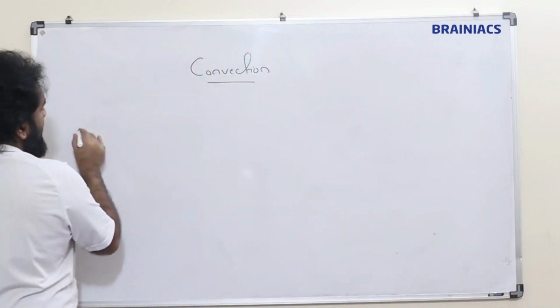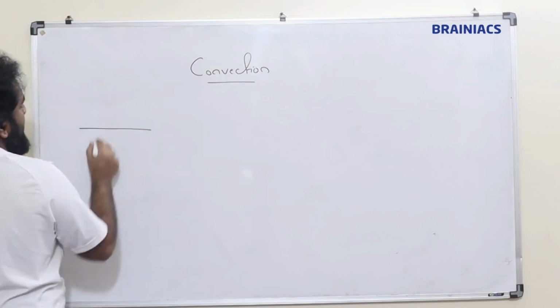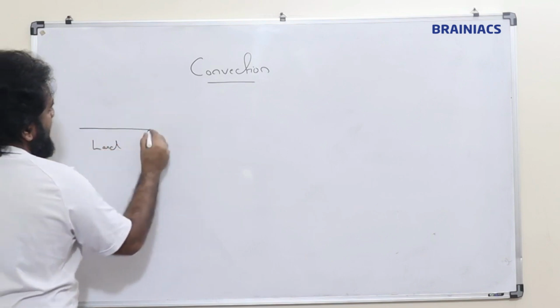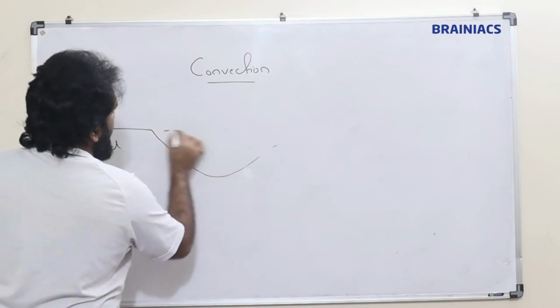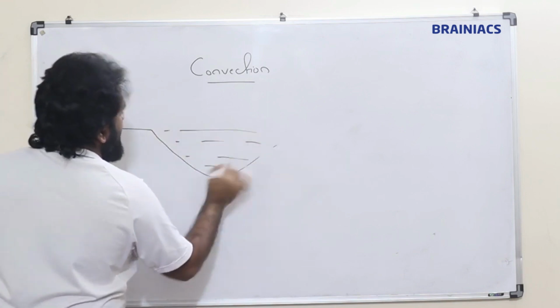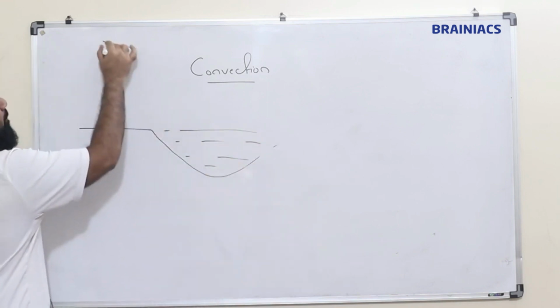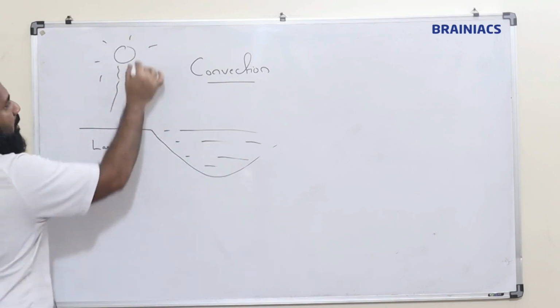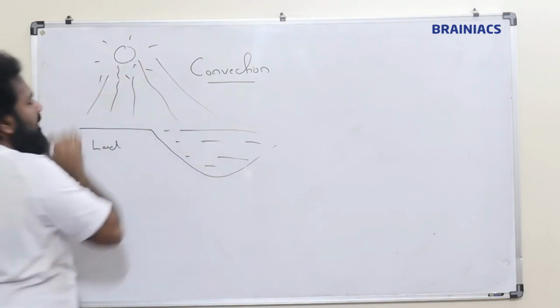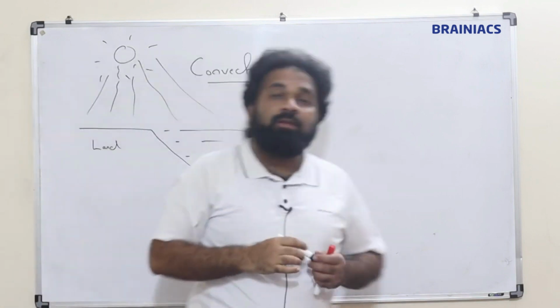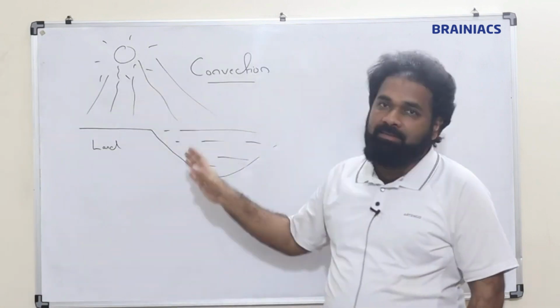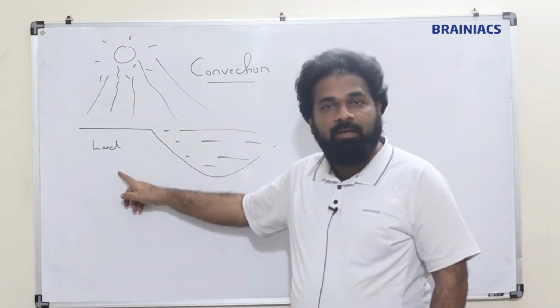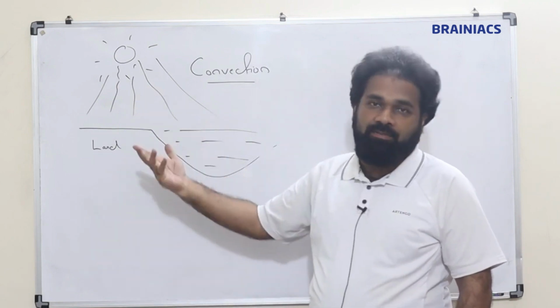Suppose this is land and this is ocean, sea. When sun rays fall on this land and sea, land will get hotter fast.